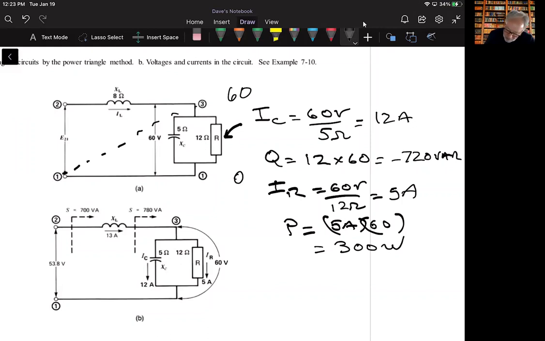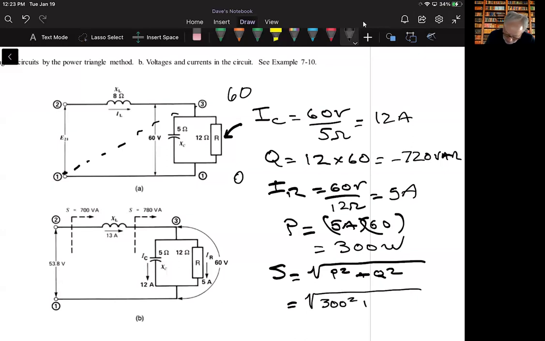Now he says, I want to determine what the apparent power between terminals 1 and 3 is. Well, that is going to be, back to one of our earlier equations, this. And this is showing you the ease with which this method is used.